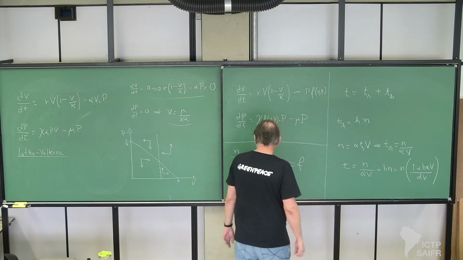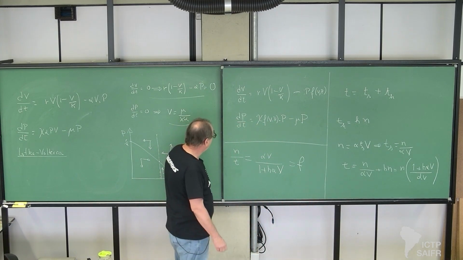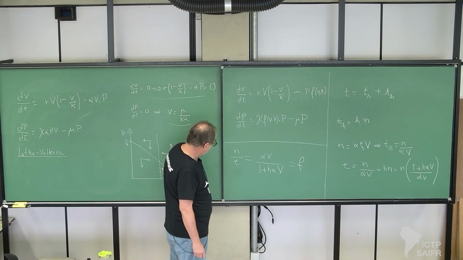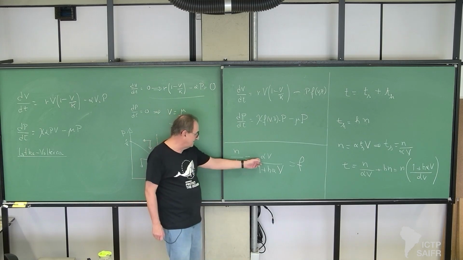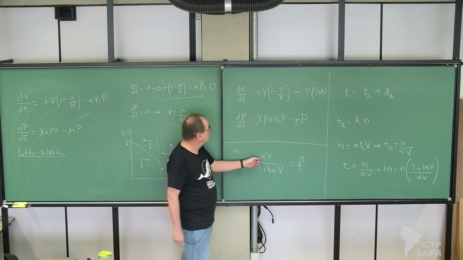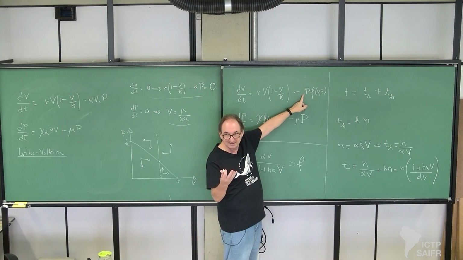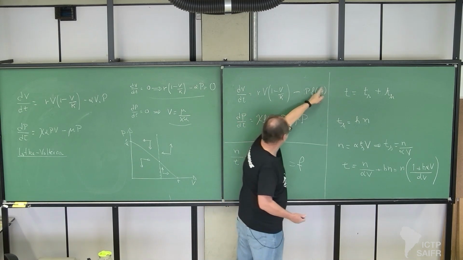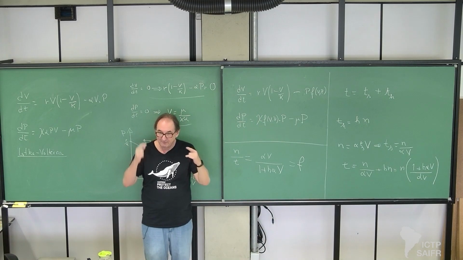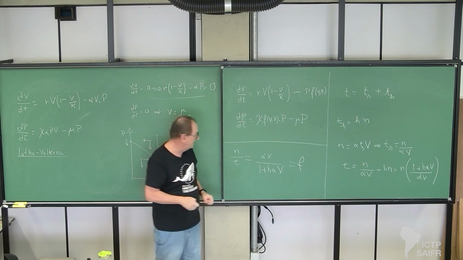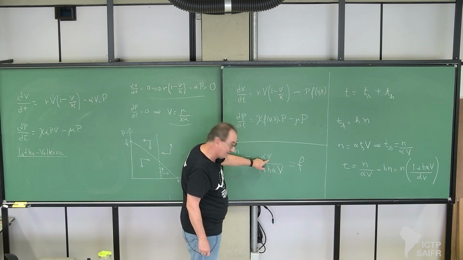And actually, we can also look for what's the alpha. Alpha has to have units. If you look here, you have V and you have P. Both of them are population sizes. So f will have to have dimensions of 1 over time. This has to be dimensions 1 over time, means that you have already a population here.